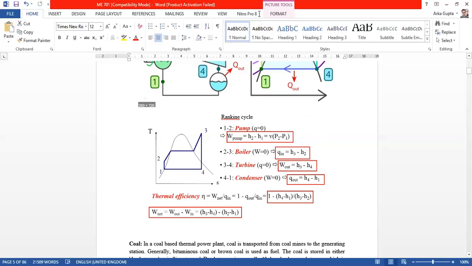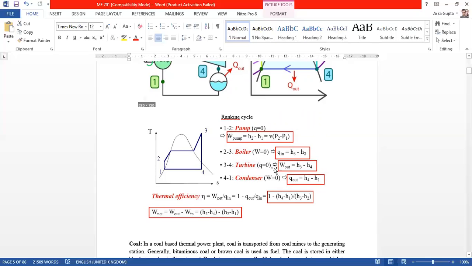So efficiency is equal to W net by Q1. W net is WT minus WP, divided by Q1. WT from the equation is H3 minus H4, and WP is from that equation Hf2 minus Hf1.